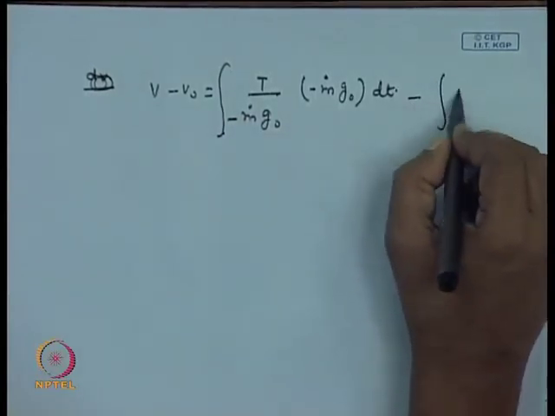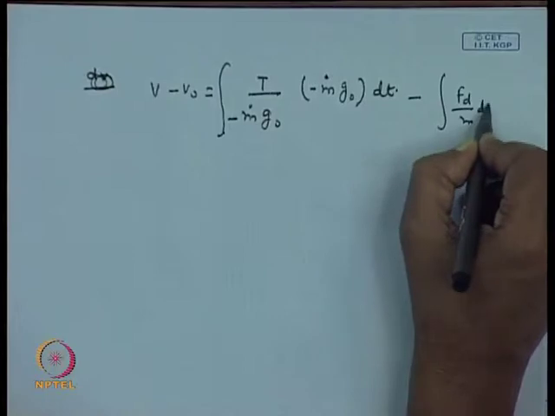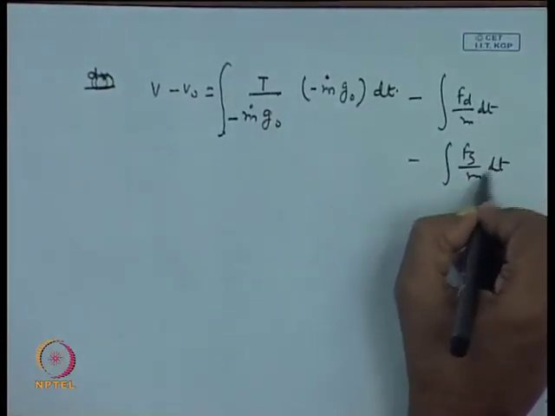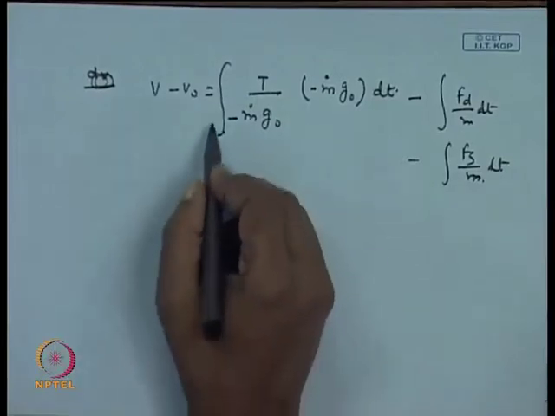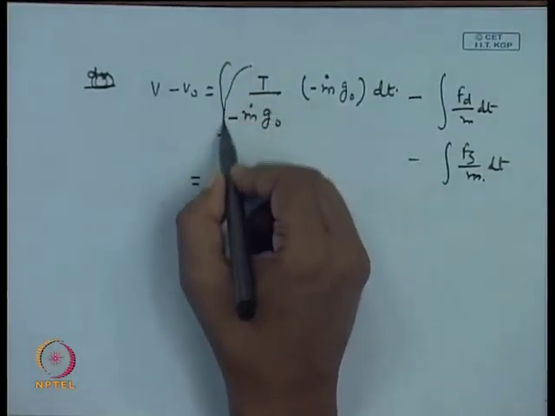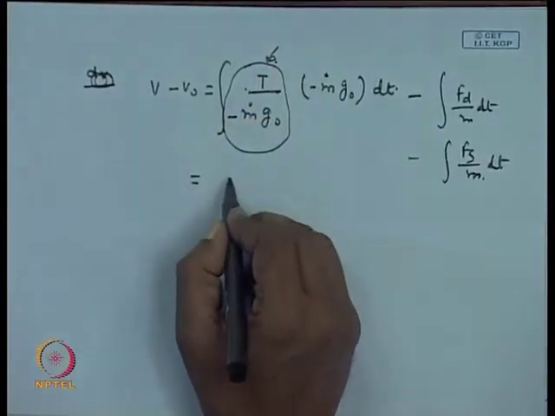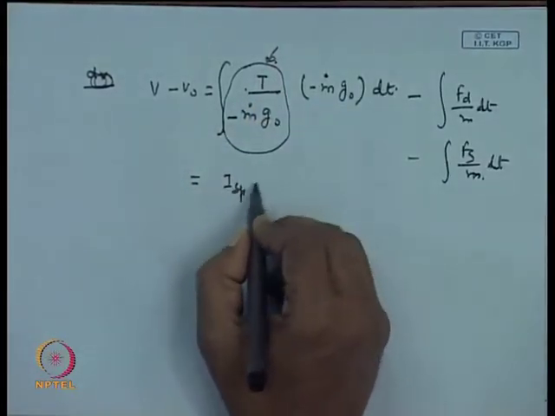Similarly, other terms here we have F_d by m dt and minus F_g by m dt. The quantity which is present here, we can write as the specific impulse as told earlier.